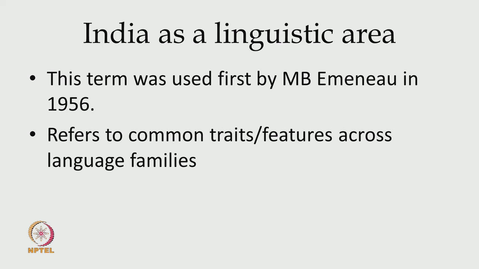To elaborate, there are certain features of languages of one family that transcend the family boundary, and they are also available in the languages of the other family. And such common features are helpful in defining linguistic area.